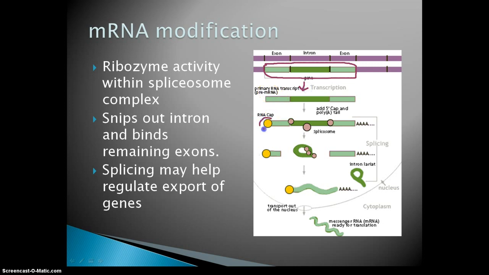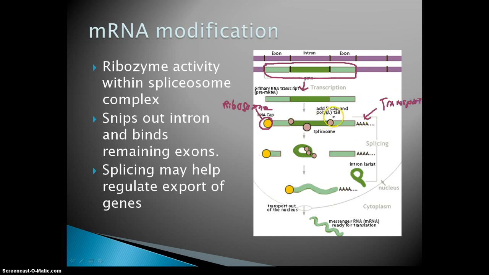You'll notice the RNA cap, the 5' cap, the guanine, has been added. That way ribosomes will be able to recognize this later. Okay, so here we've got our ribosome section. And then over here we've got our poly A tail, and that's for transport out of the nucleus. All right, so we've done that editing already. Those pieces are immediately added.